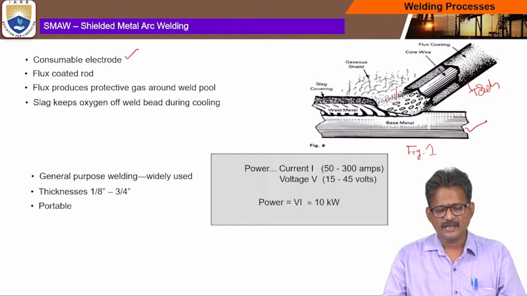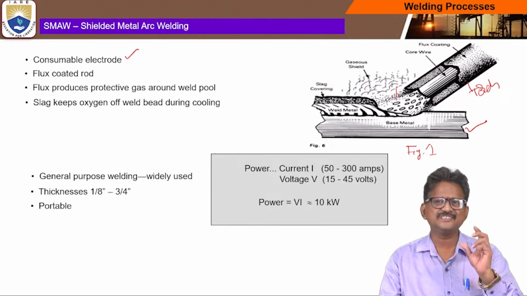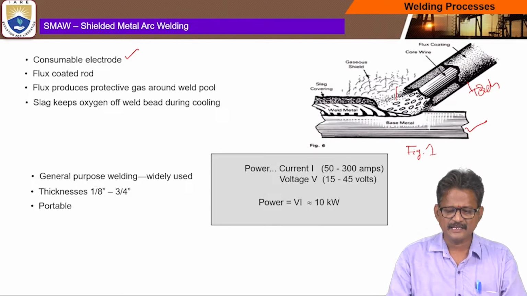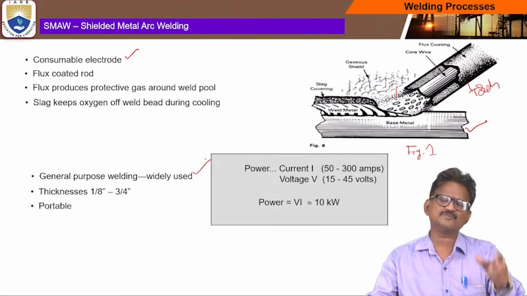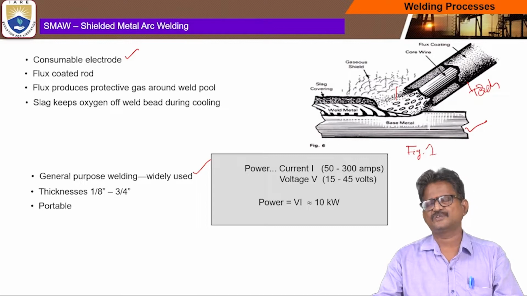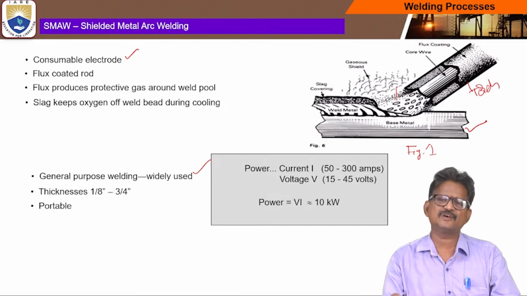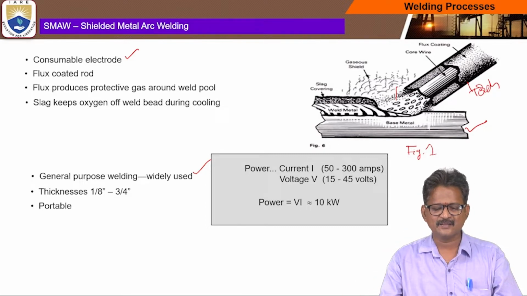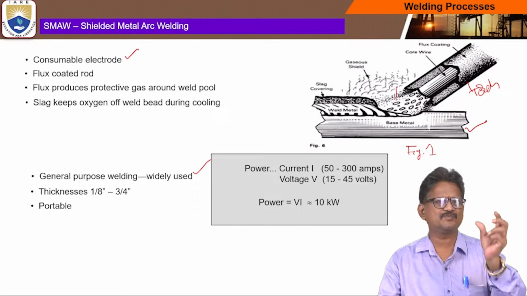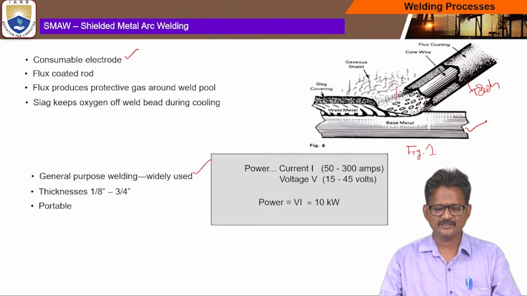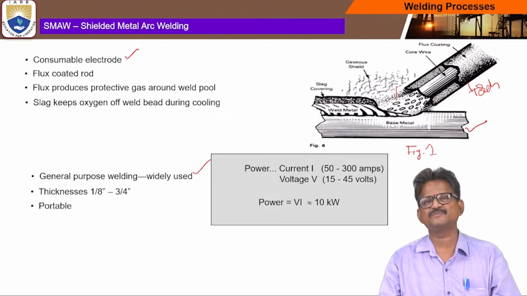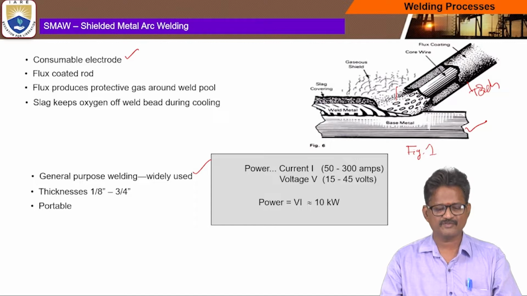The main purpose of shielded metal arc welding is that it is a widely used general purpose welding. Wherever you go, small shops and small workshops use this general purpose welding, for small rods, small window cabins, and cables.